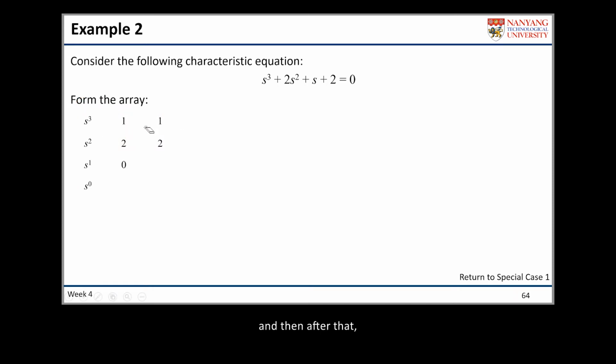After that, you can start to compute this element, the b1 element. But how to compute b1? b1 is computed by taking the negative determinant of that matrix. So it's equal to 2 times 1 minus 1 times 2, divided by 2.